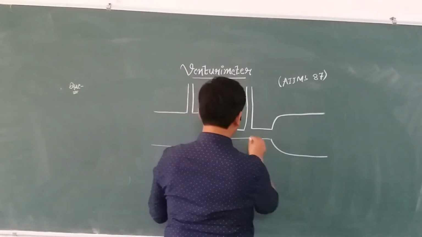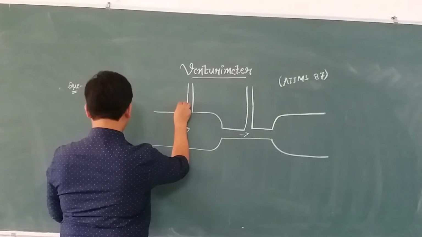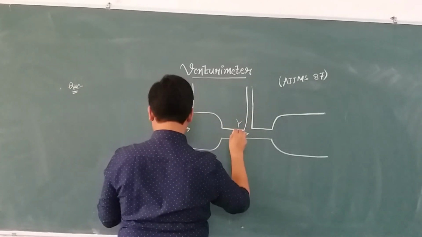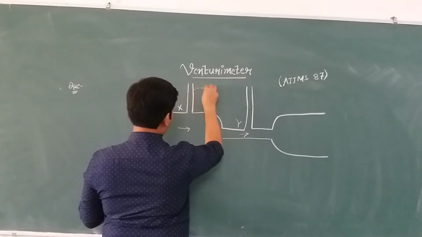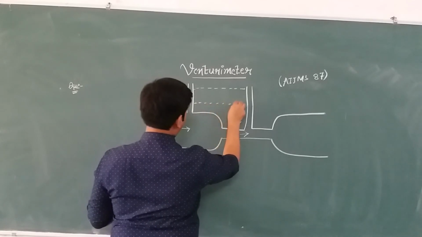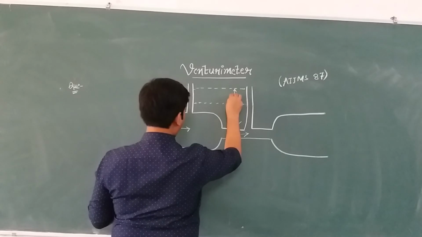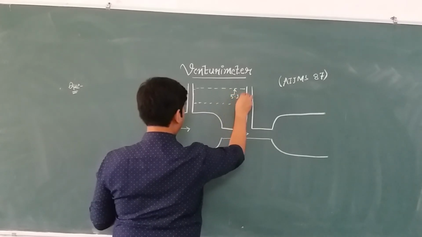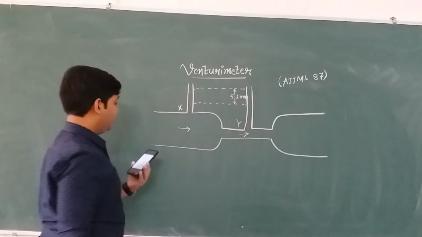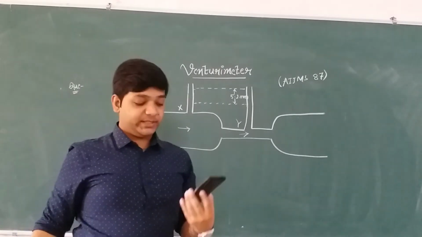So the fluid is flowing in this direction and this is column X and this is column Y, and the difference of heights of liquid in these two columns is given as 5.1 mm. ठीक है?